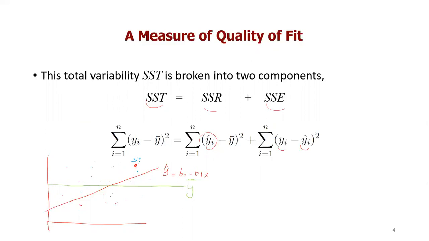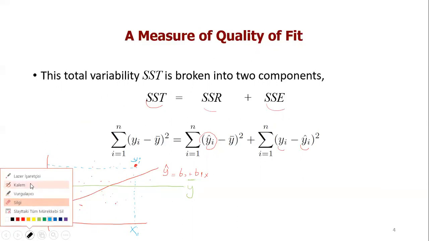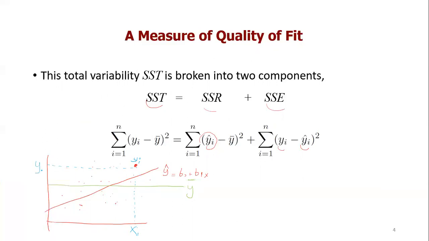And of course, this is xi, right? And the value that corresponds to it here is not x, but yi. So this point is in fact (xi, yi), but I'm just putting yi.